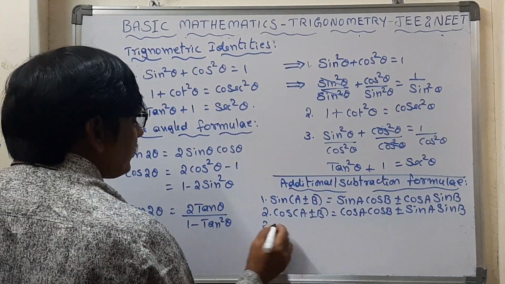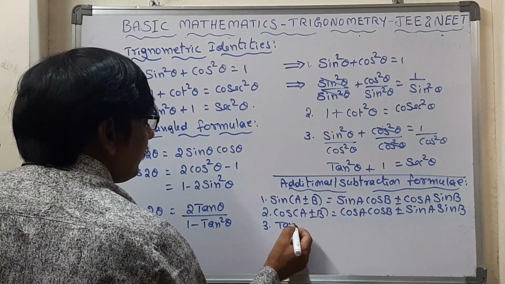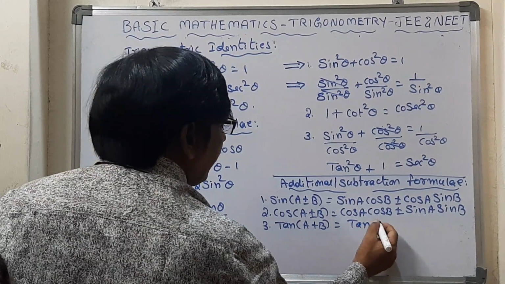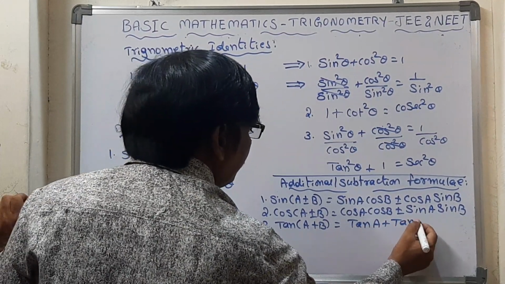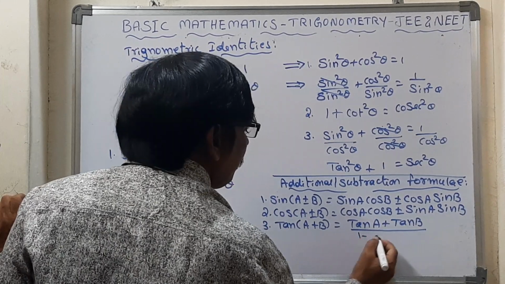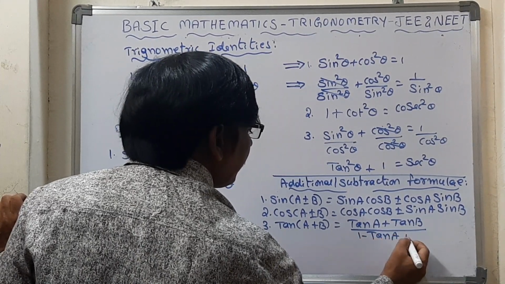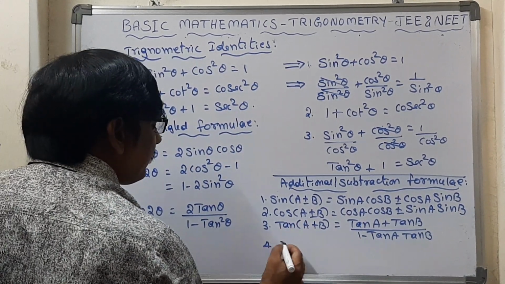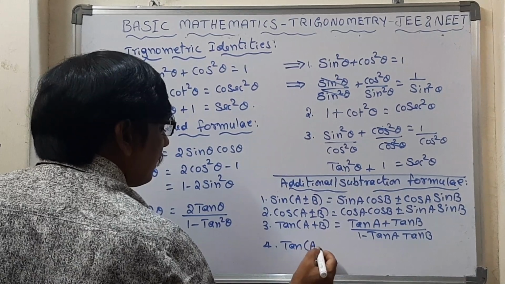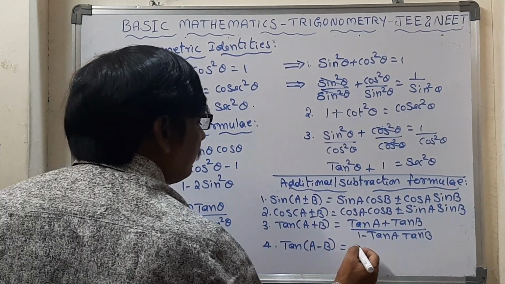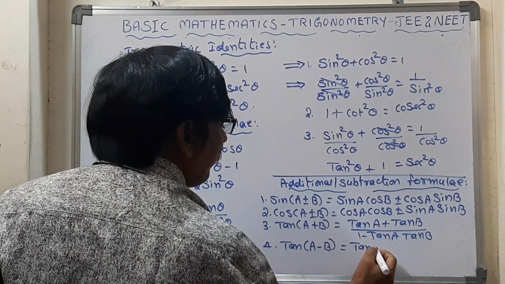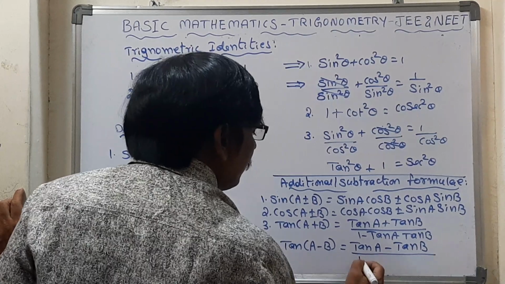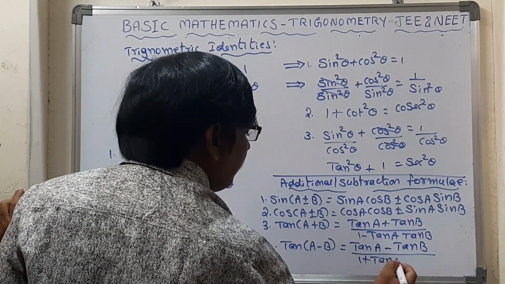And the third one, let us take tan of a plus b, that is equal to tan a plus tan b by 1 minus tan a tan b. And the fourth one, the subtraction, tan of a minus b, is very simple, the signs have to be changed: tan a minus tan b by 1 plus tan a tan b.